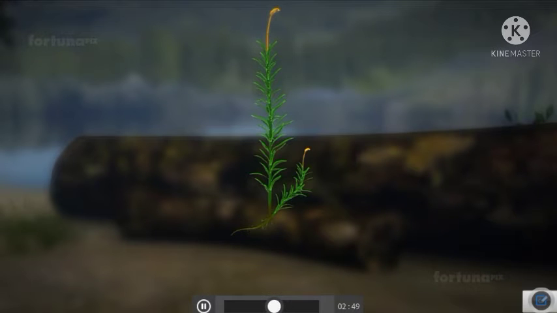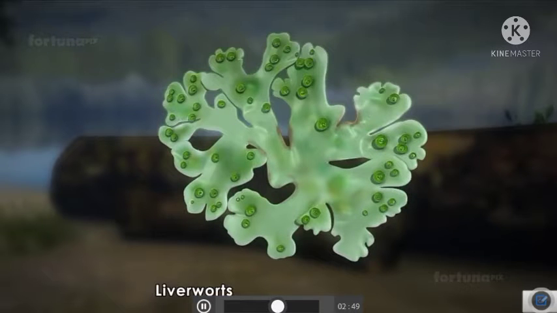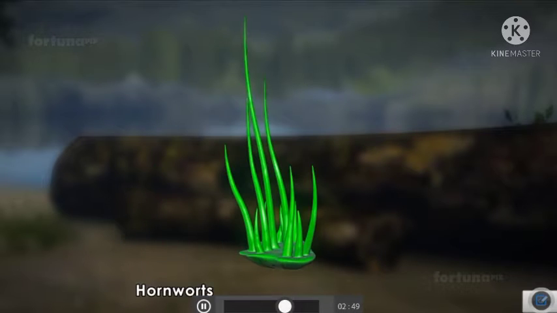These plants have a thin stem-like shoot with tiny leaf-like structures. Liverworts belong to phylum Hepaticophyta. They have flat leaf-like structures that, in some species, resemble the shape of a liver, which is how they got their name. Hornworts are members of phylum Anthocerophyta, and they have tiny horn-like structures.